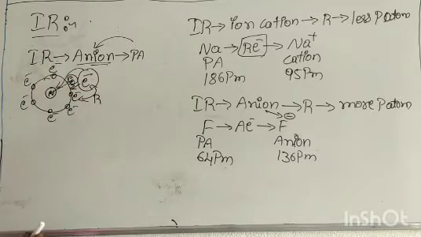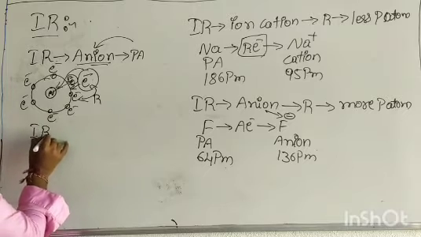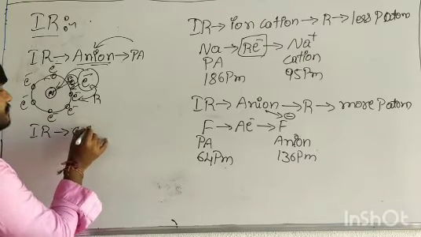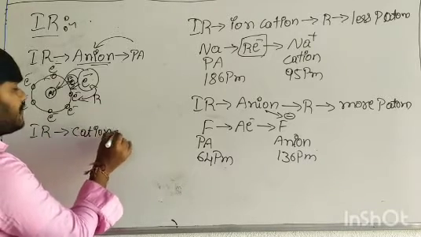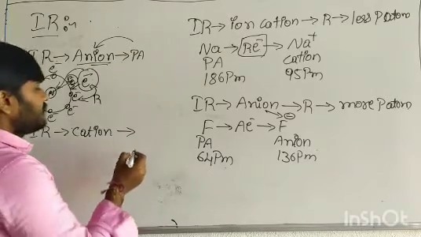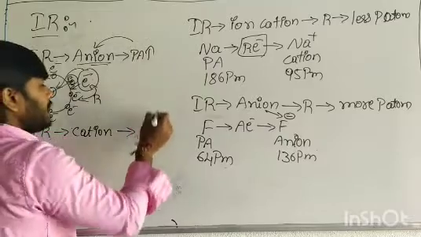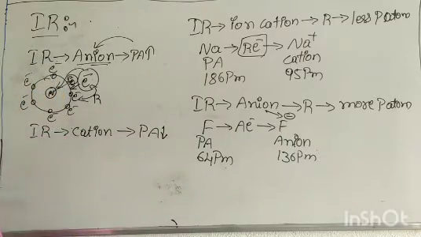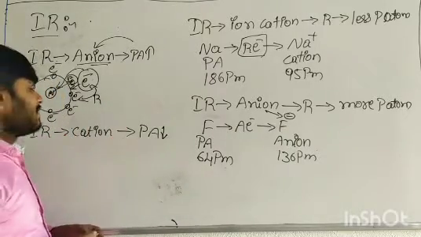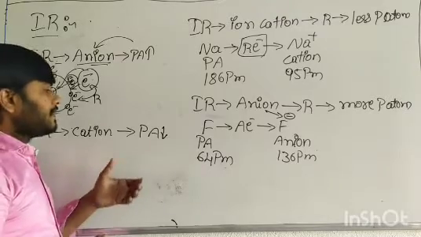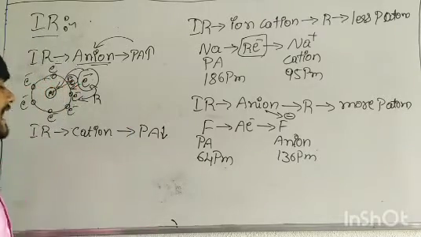Whereas if you consider the ionic radius of a cation, here the cation will have a radius less than your parent atom. Here it is more and here it is less, right? Cations will have a smaller ionic radius compared to your parent atom, as is the case with sodium.